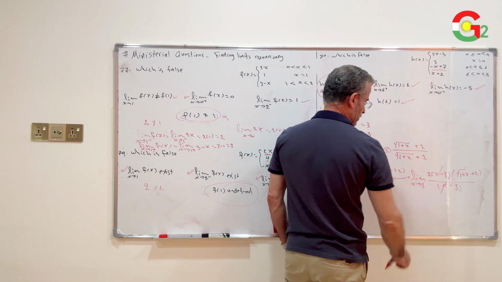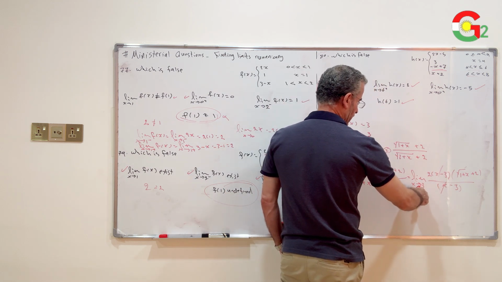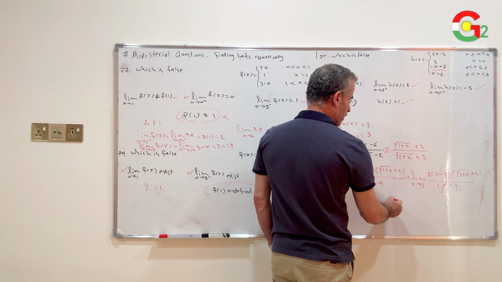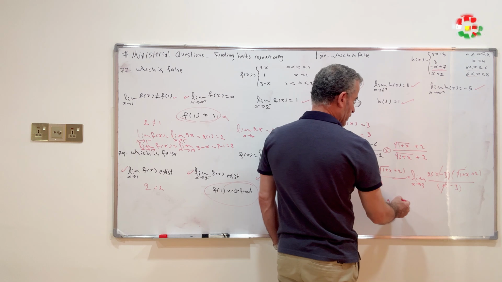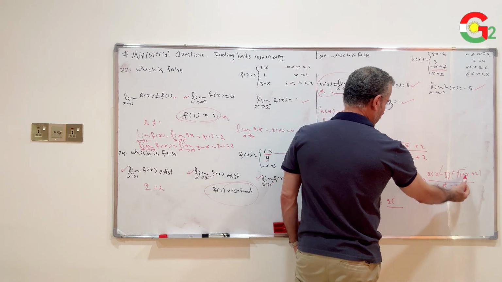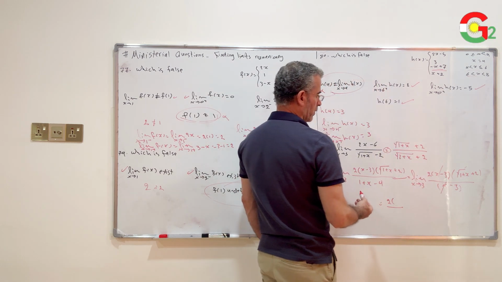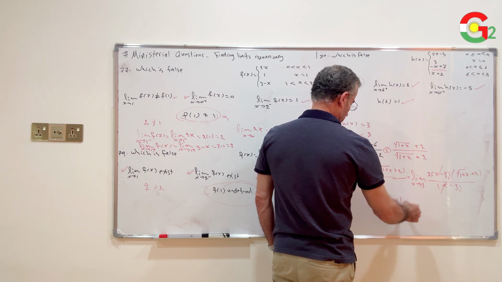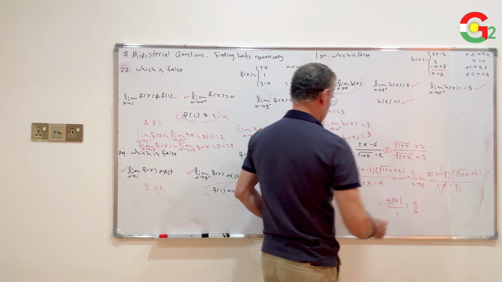Reduce x minus 3 with x minus 3. Substitute every x with 3. The answer will be 2 times square root of 1 plus 3, which is 4, square root 4 is 2, 2 plus 2 is 4. The answer is 8.